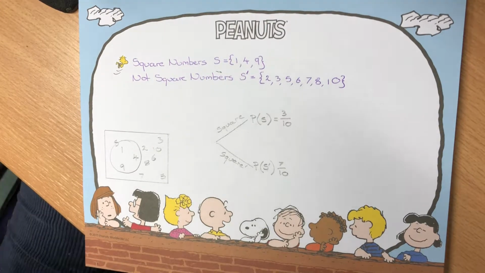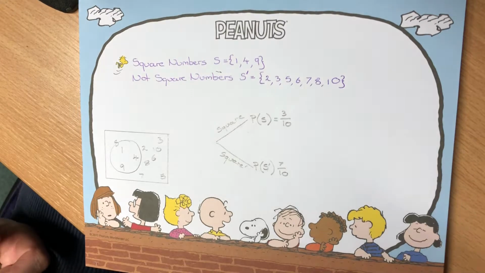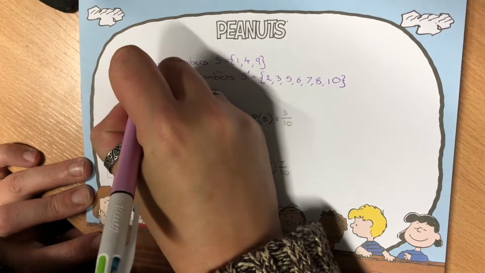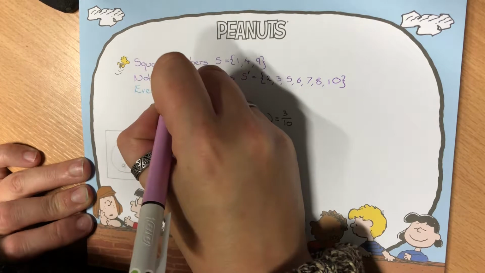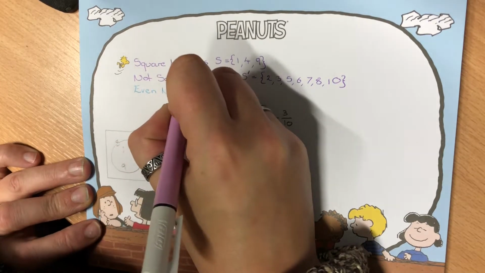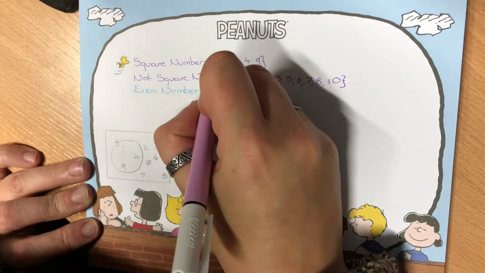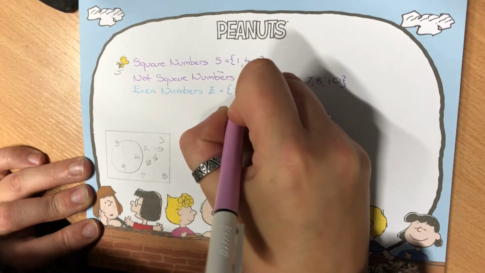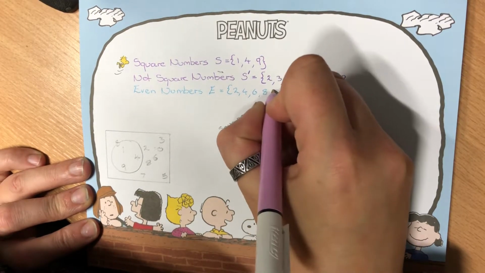Now, what we can do there is then potentially look at even numbers. So even numbers are a set that we are possibly unimaginatively going to call E. So our even numbers are 2, 4, 6, 8, 10.